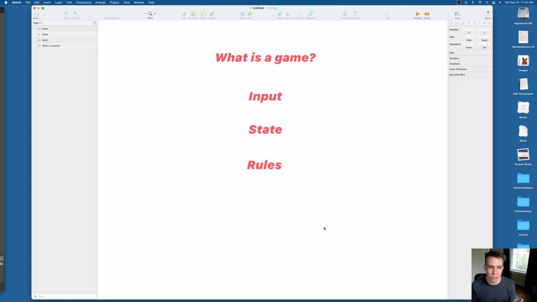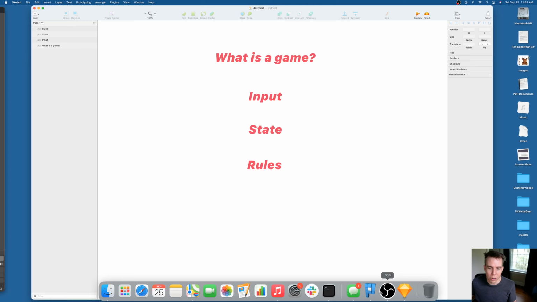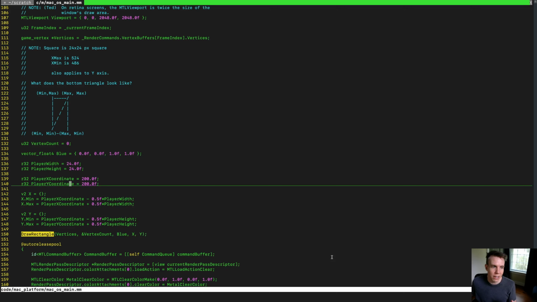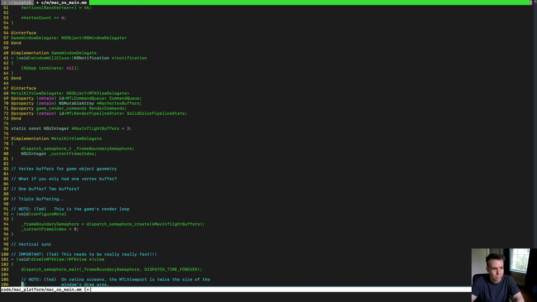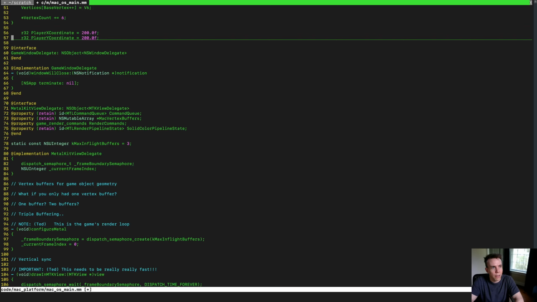But basically, to turn this thing into a game, we need to understand what the changeable state is, and we need to pull that out. So what we're actually going to do is say, you know what, player X and player Y, just for the moment, we're going to make these global variables, and we can use the static keyword to do that.